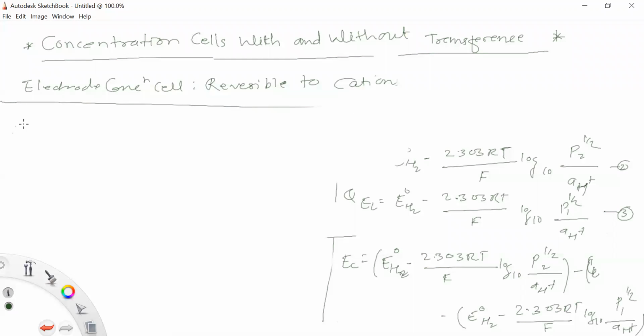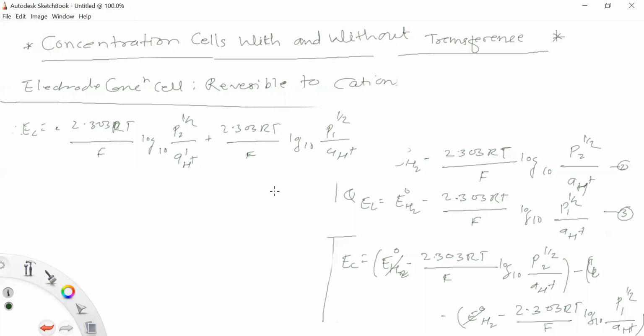Okay, so therefore EC is equals to, that is I write here directly the common factors, minus 2.303 RT. आता हे जे आहे हे बाहेर काढलं तर कॅन्सल होईल E0, right, RT upon F the log to the base 10 P2 1 by 2 upon activity of H plus, minus 2.303 RT upon F log to the base 10 P1 1 by 2 upon activity of H plus, right?